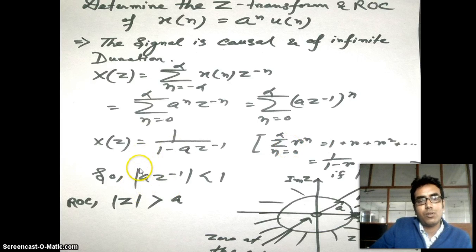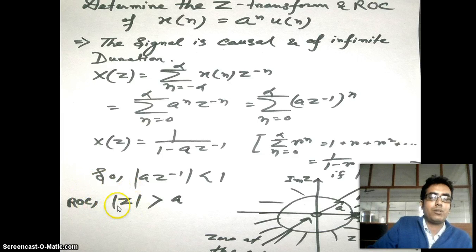So here the ROC, region of convergence, is |z| greater than a. So what do you mean by ROC? ROC means region of convergence, that means where X(z) is valid for the values of z, that is the ROC.